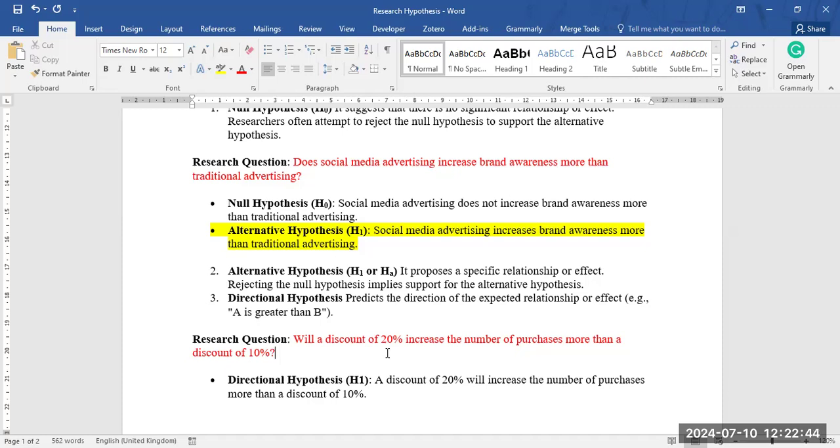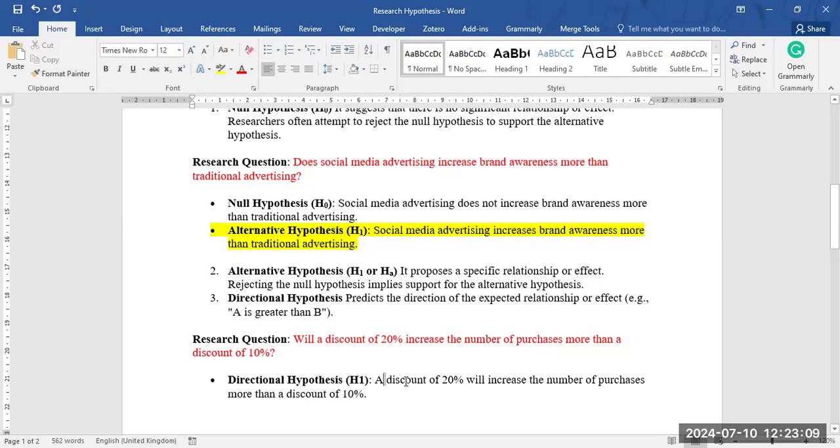That's why they want to predict the outcome. That means they are expecting that giving a 20% discount may increase the purchase intention or purchase chance compared to the discount of 10%. So this is a directional hypothesis.